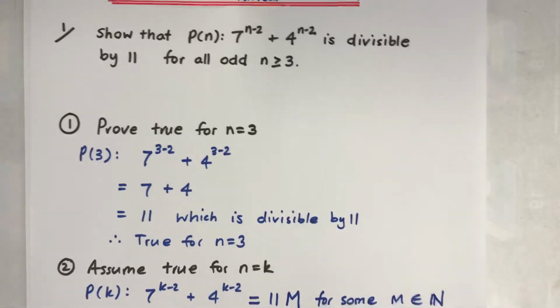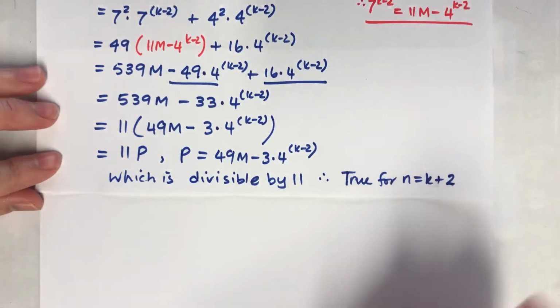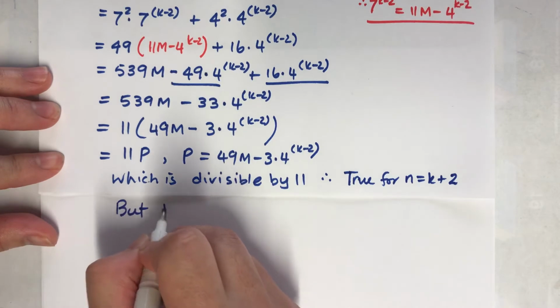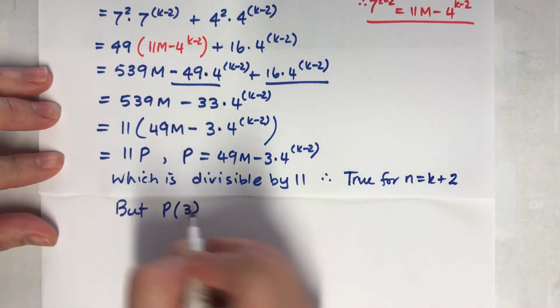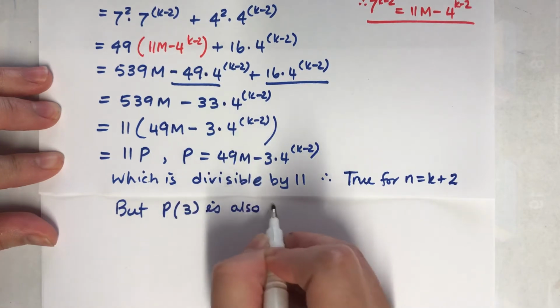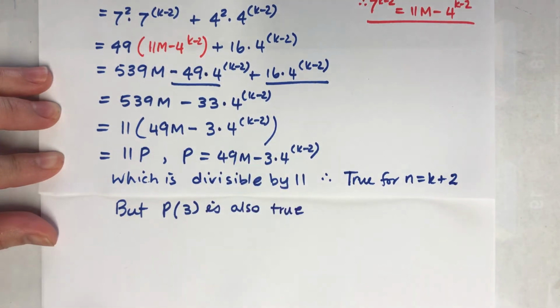Okay, now that's not what we sort of finished there. We have to do something. I'm going to just put it up there so we can continue. And then, but P of 3 is also true from step 1, wasn't it?